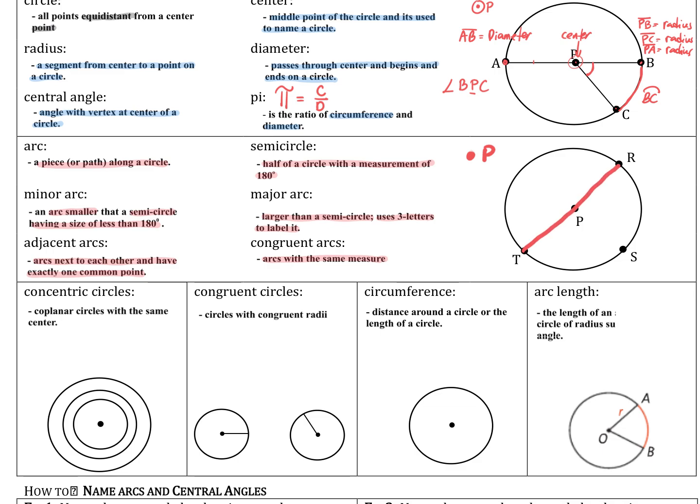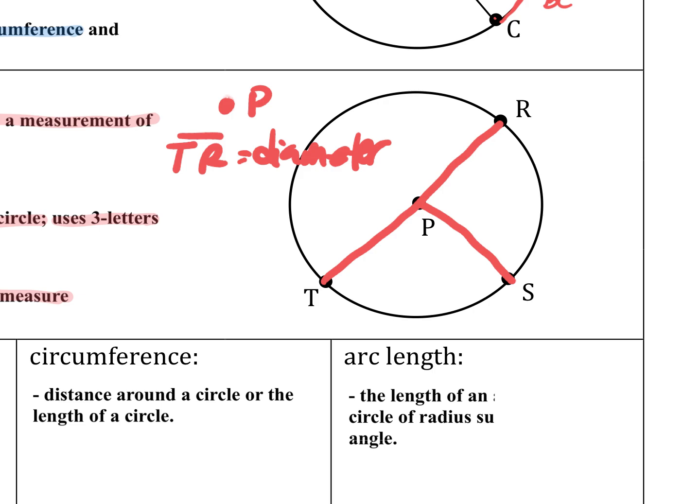That's going to be line segment TR, which is a diameter. What else? Let's connect this one. Line segment PS is a radius.